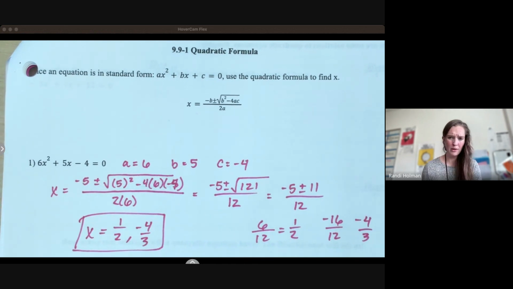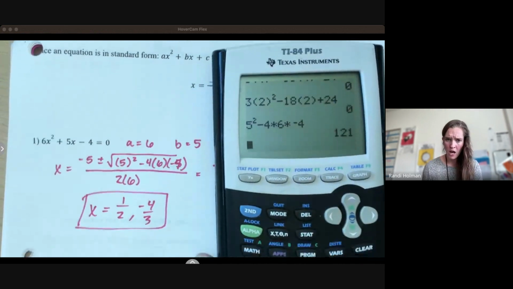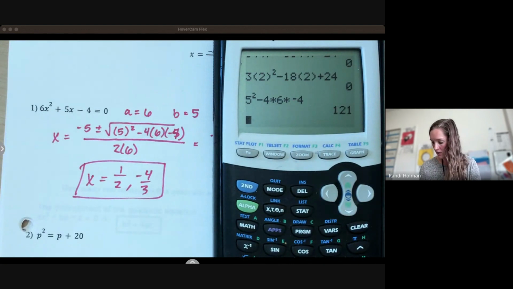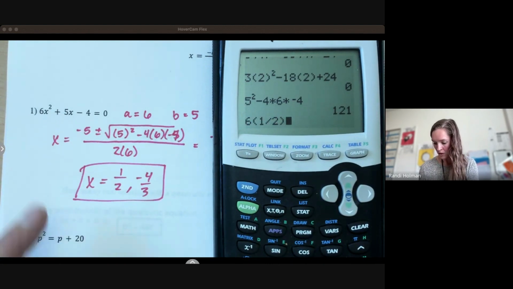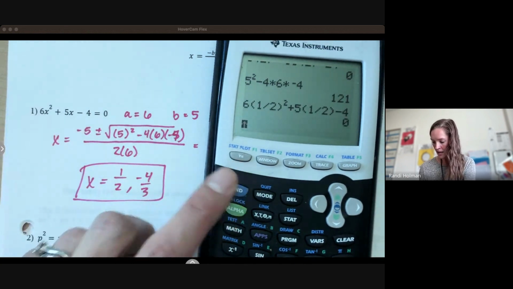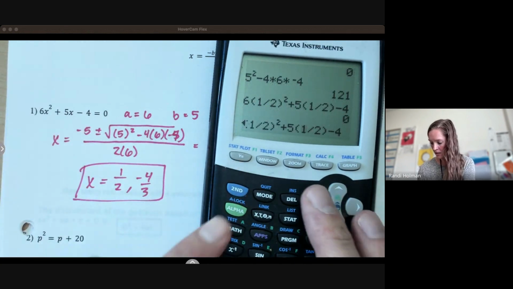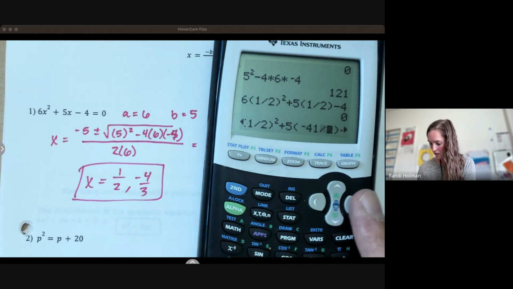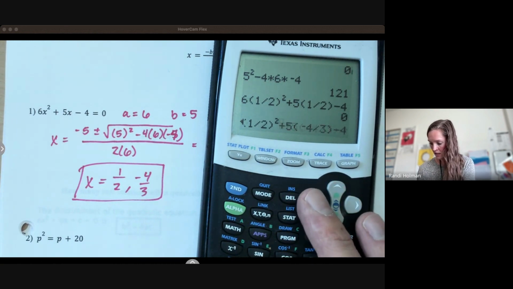And just like all of our problems with quadratics before, always a great idea to just check. If you type that back into your original equation, it should work to get 0. And if we try our other one, put -4/3 in there.